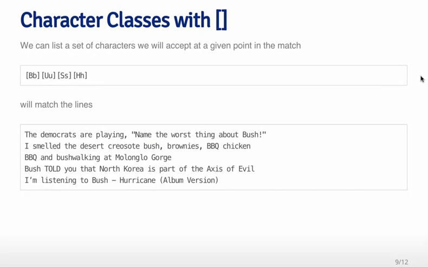We can also consider lists or sets of characters that will be accepted at any given point in the match. For example, you might have either a lowercase or a capital B, either a lowercase or a capital U, either a lowercase or uppercase S, and either a lowercase or capital H. That will match all versions of the word bush regardless of which letters are capitalized.